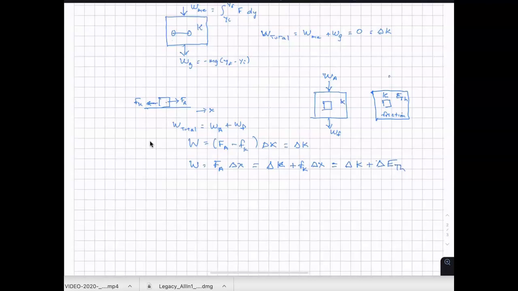So the only work done external to the system is that by the applied force, resulting in an increase in the kinetic energy of the block plus the thermal energy of the system.